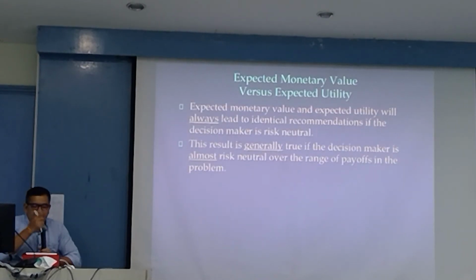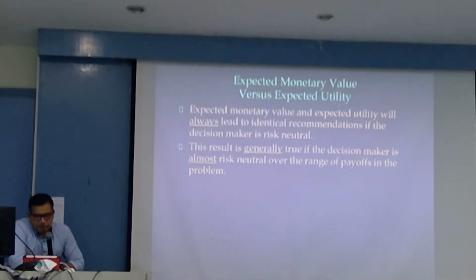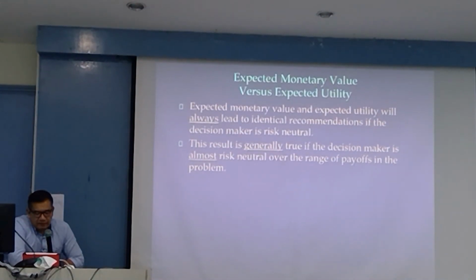So, in conclusion, it depends on the type of the decision makers. Generally, if you are a risk neutral decision maker, you can apply the expected monetary value to calculate and make the decision.